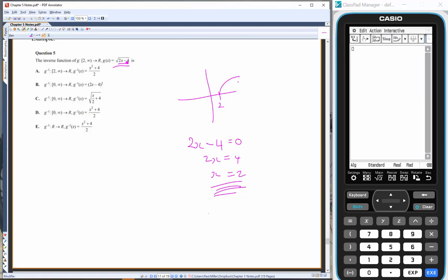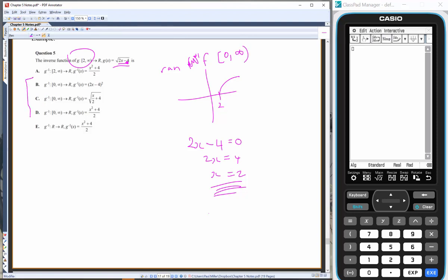So those x values increasing from 2 will still be accepted. So there's my function. Its domain is 2 to infinity. Its range of the original function is going to be 0 to infinity.